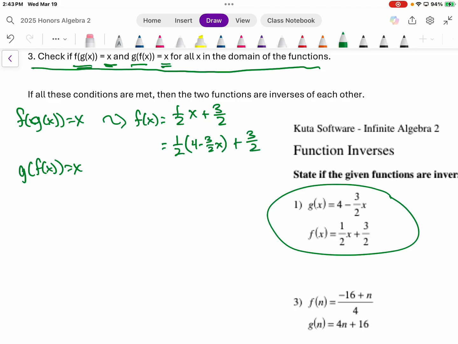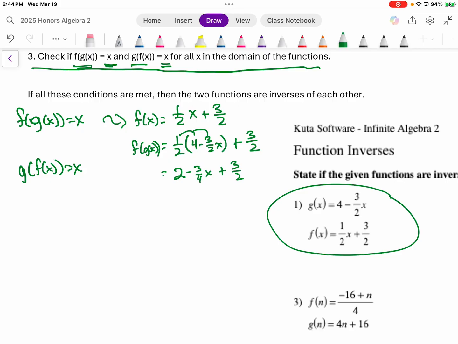I now need to simplify that to see, does it work out to be the letter x as an answer? So now I'm going to distribute the 1/2. Half of 4 is 2. Half of negative 3/2 is negative 3/4, and then x on there. And then I have plus 3/2.